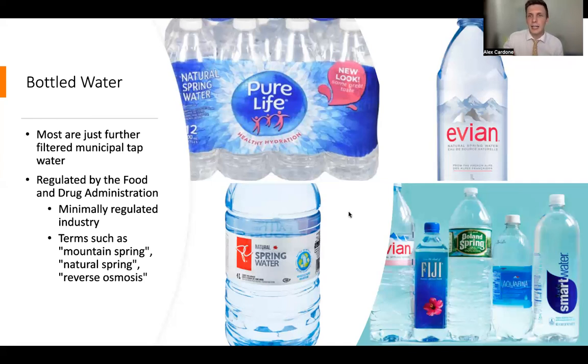So, for example, mountain spring water, or natural spring, or reverse osmosis. Some of these big catchwords that they use, a lot of them don't have definitions behind them, or very loose definitions.